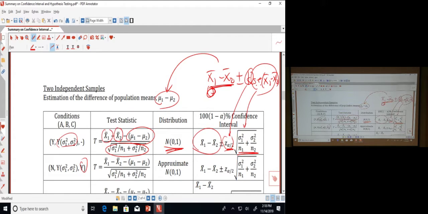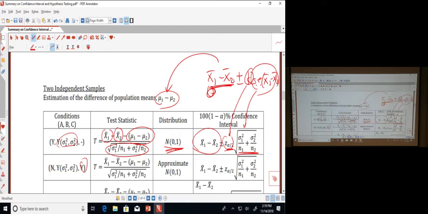We have x1 bar minus x2 bar, trying to estimate mu1 minus mu2, and then divide by the standard error of x1 bar minus x2 bar. Because we know sigma1 square and sigma2 square, you don't use s1 square and s2 square. If you know the answer, why would you want to do an approximation, try to guess? You don't. So we have sigma1 square over n1 plus sigma2 square over n2 as the variance of this estimator. And what's the distribution?